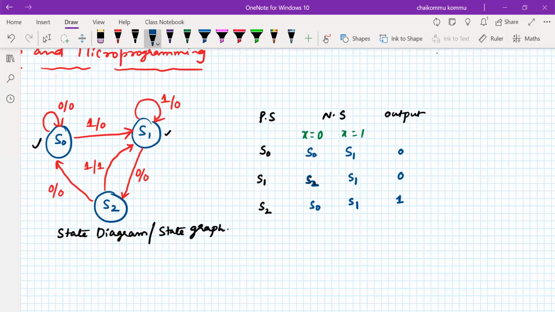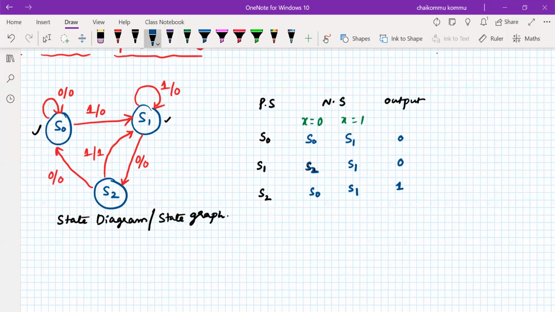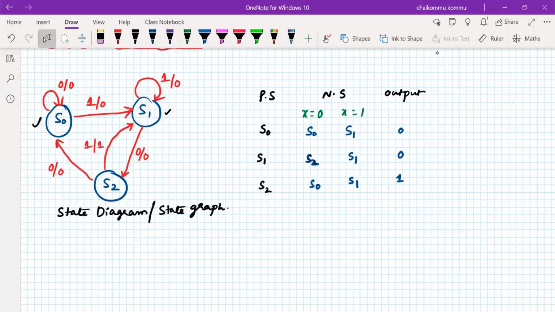Again, this is the concept. Here, in this way, we can write this. This is what the truth table is all about.